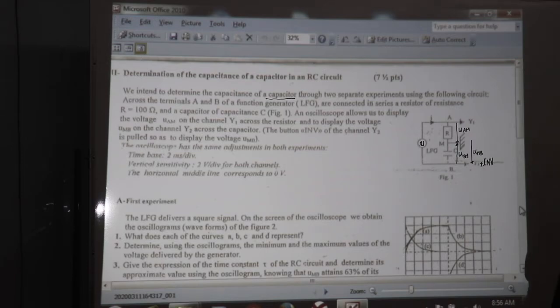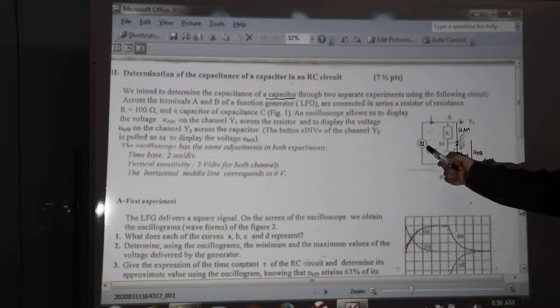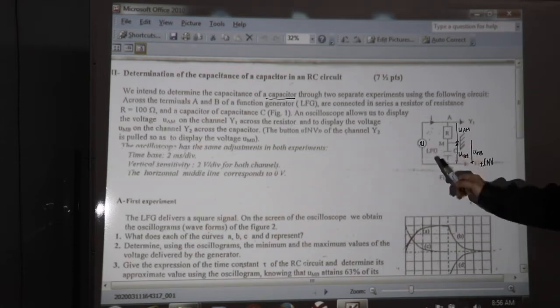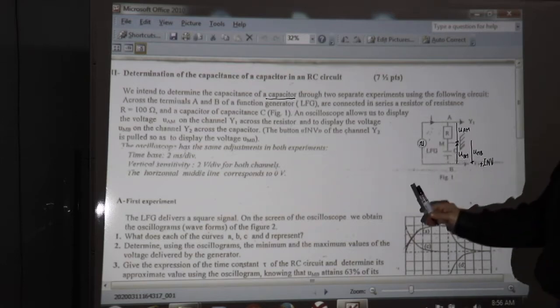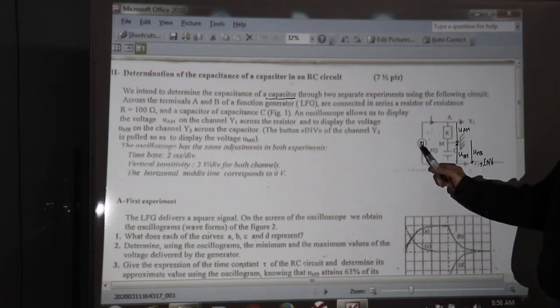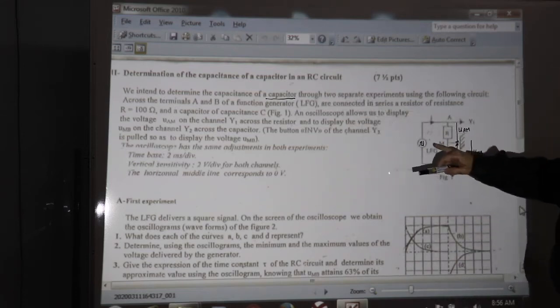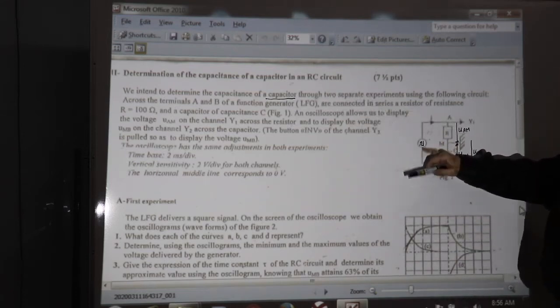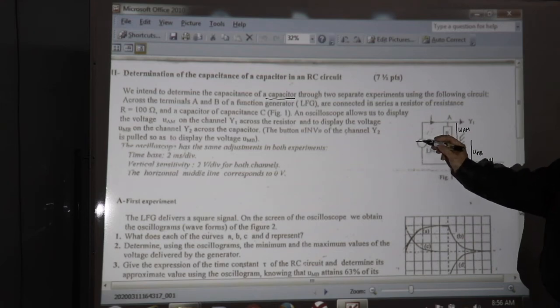You should think about charging and discharging of the capacitor, since you have here a square voltage. And as you know, in the square voltage, in the first half period, the voltage is constant.